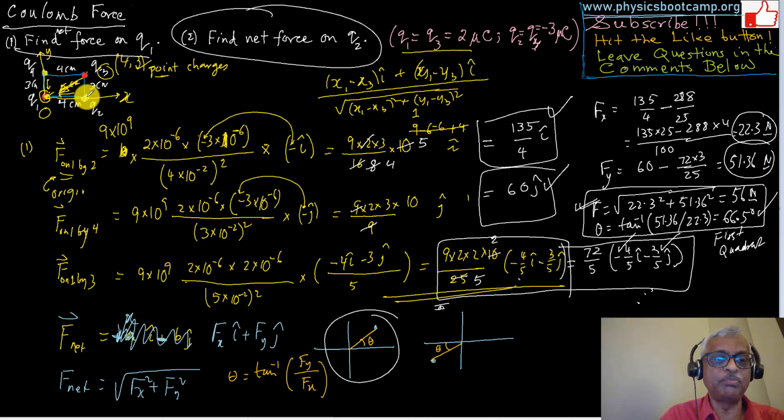You can put Q2 at the origin and create a new set of axes. I normally like to avoid trouble, and this is what I want. So I'm going to create a new axis, x and y, like that.